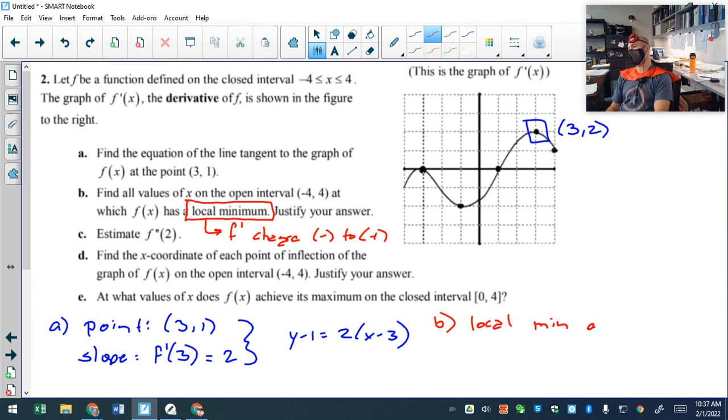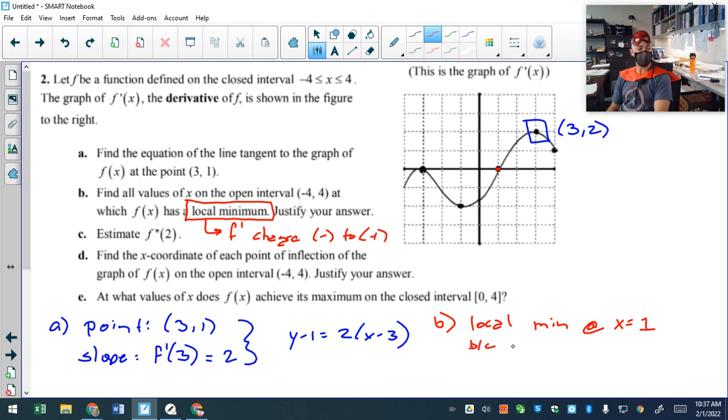Local minimum at x equals what? 1. Are we okay out there? X equals 1, because I'm looking at the derivative, and my derivative is below the x-axis, then it is above the x-axis. That is a change from negative values to positive values.